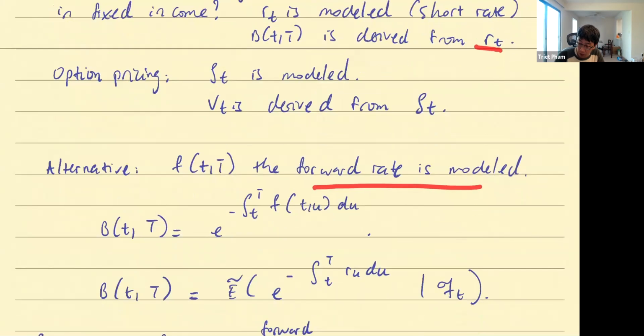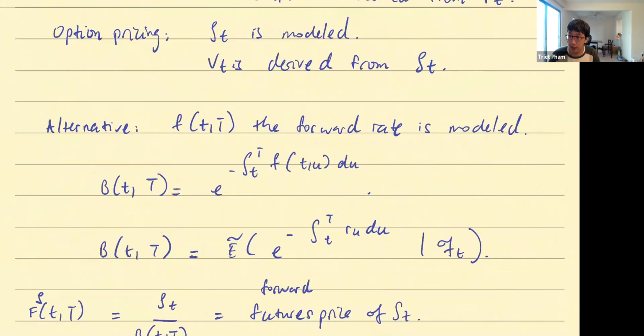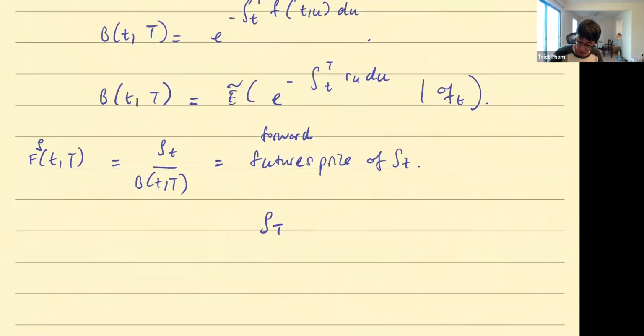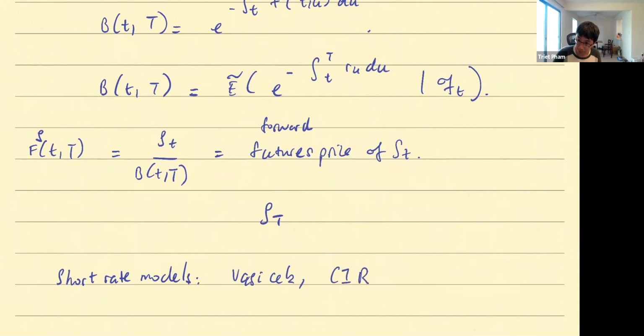They both result in you being able to calculate the bond price, but the taste and the challenge will be quite different. So do remember those two approaches. Short rate model: the famous ones will be Vasicek and CIR. These are names that you will hear all the time. Then the forward rate model.